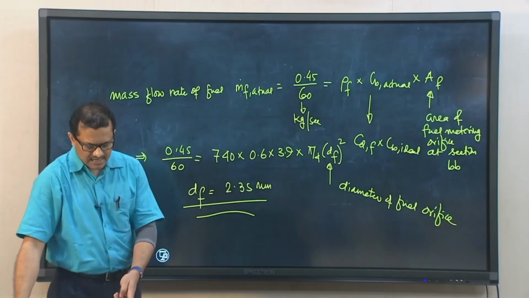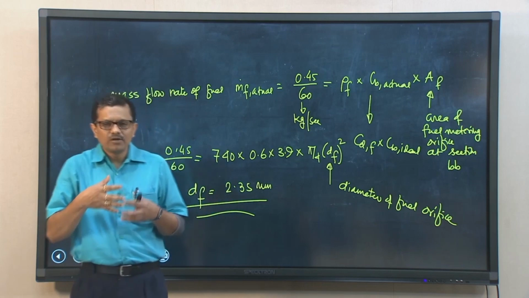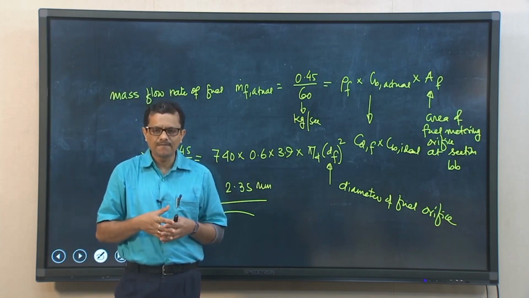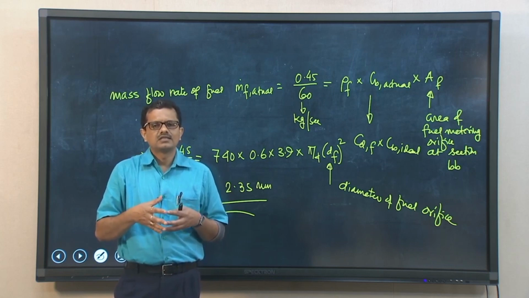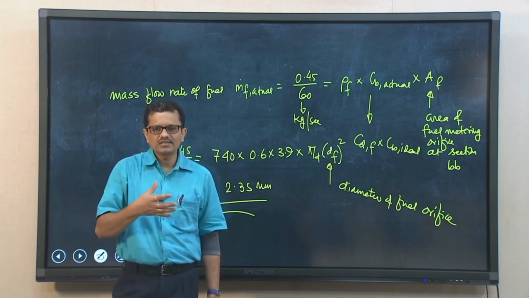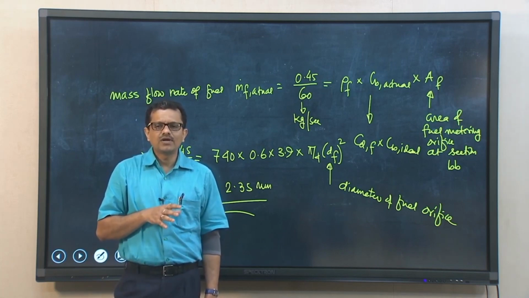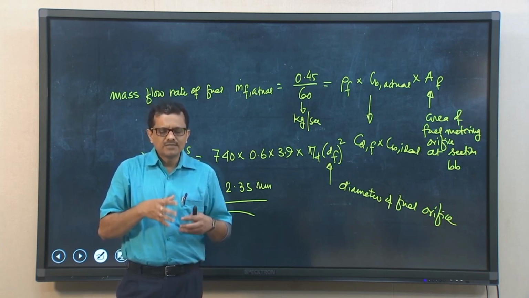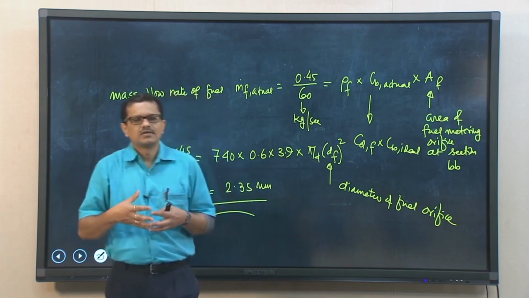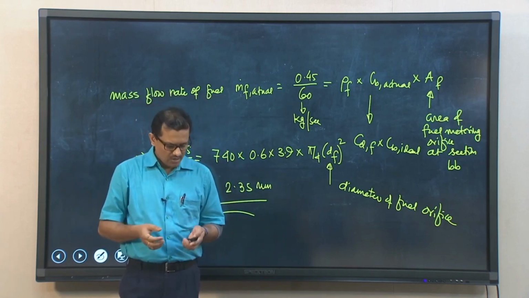So, you know that in the last class we had discussed the calculation procedure for the mass flow rate of air and mass flow rate of fuel. We had discussed several issues involved with this particular task. Today we solved one problem, and this problem will help us to understand the phenomenon in a better way.